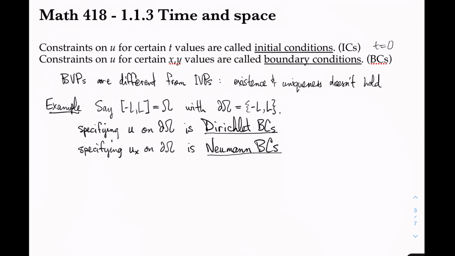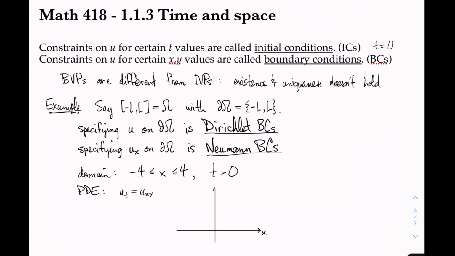That would be called Neumann boundary conditions. Okay, so let's suppose we have the domain where x is between minus 4 and 4, and t is strictly positive. We're going to look at the heat equation, with x going in this direction and t going in this direction.